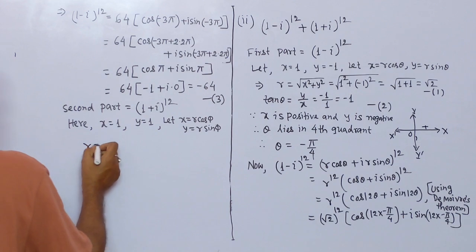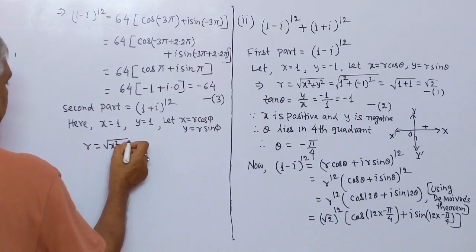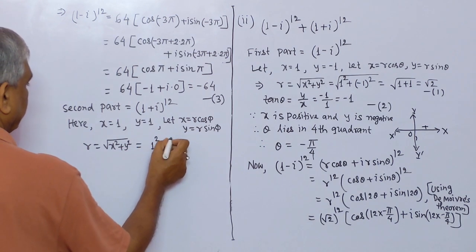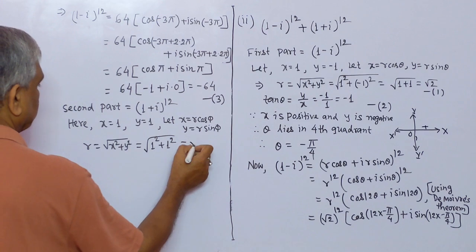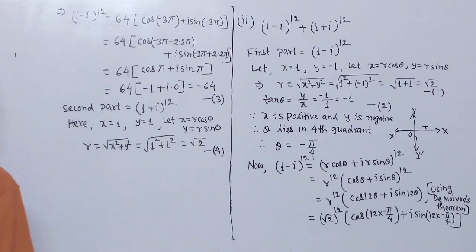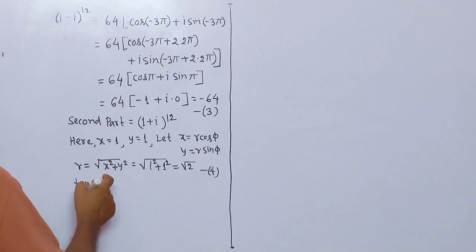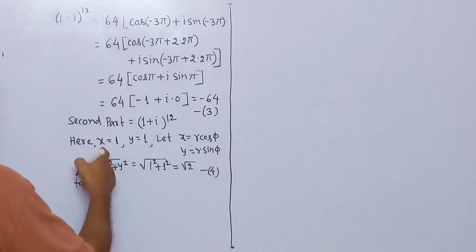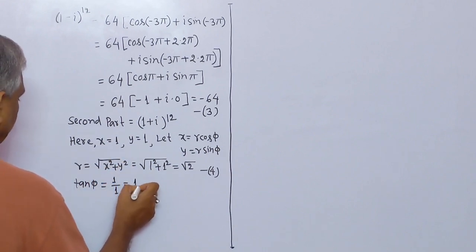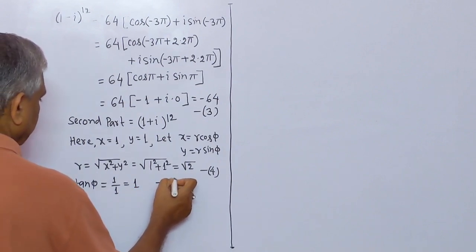Here r equal to square root of x square plus y square. This is square root of 1 square plus 1 square equal to square root 2. This is number 4. Tan phi equal to y by x, 1 by 1 equal to 1. Let this be number 5.